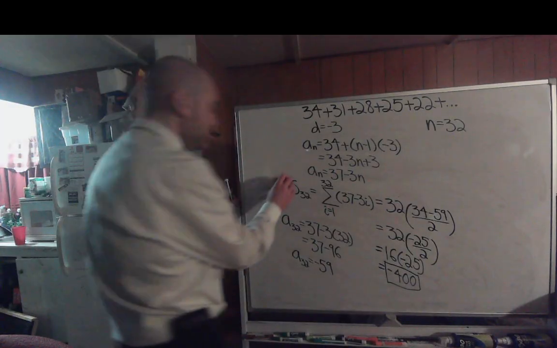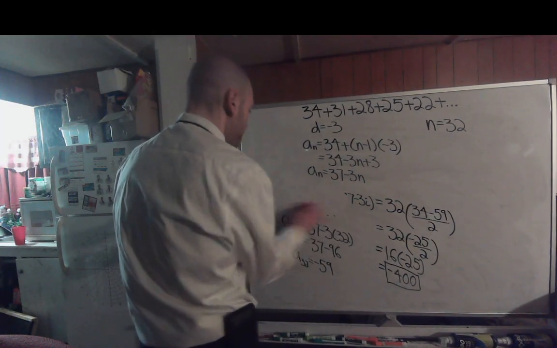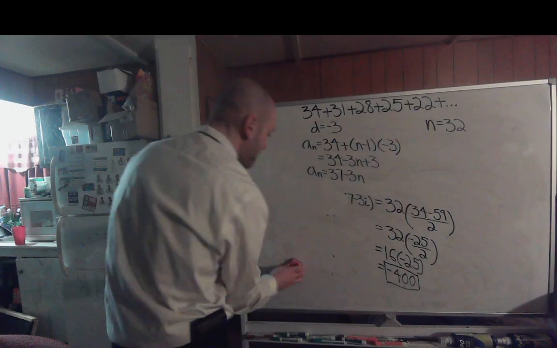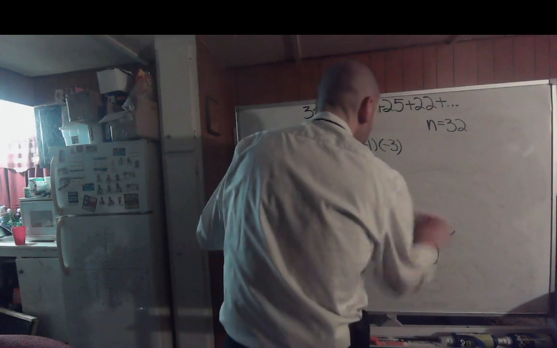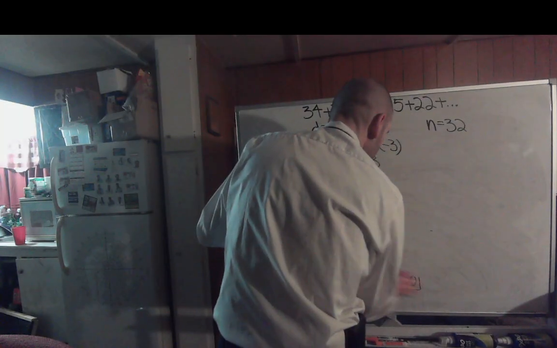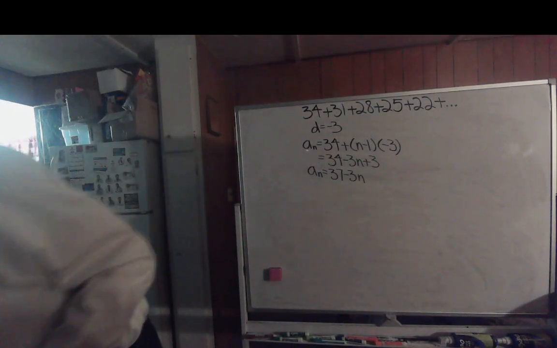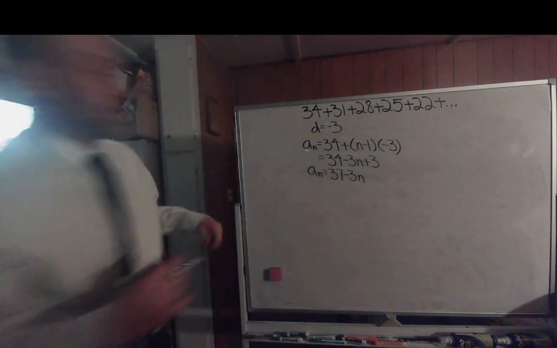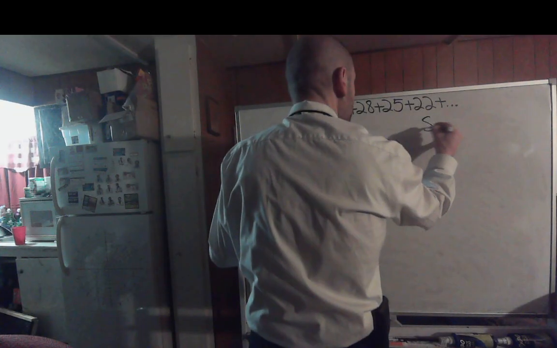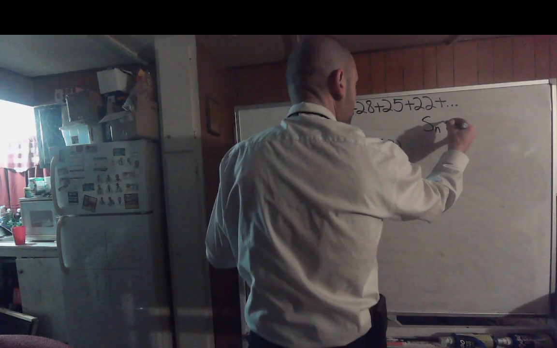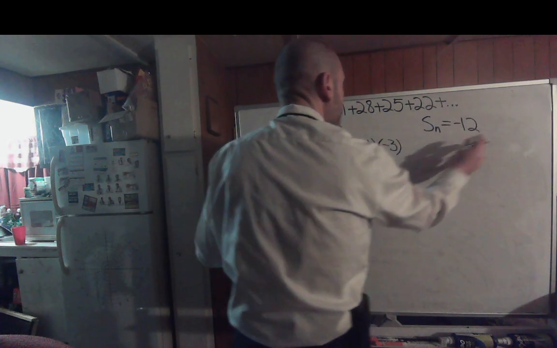Now here's part 2 to this problem. We need to find, when the sum of the series, the sum of which term numbers would equal negative 12.